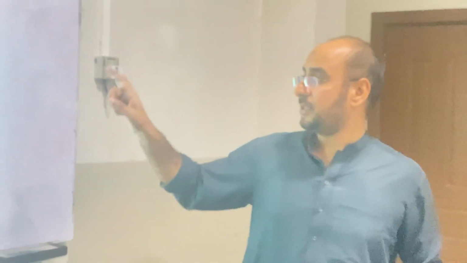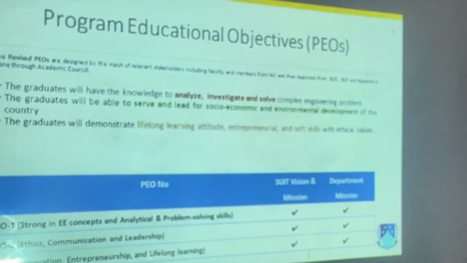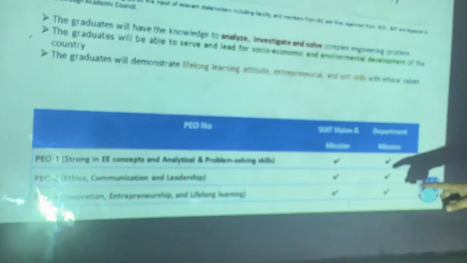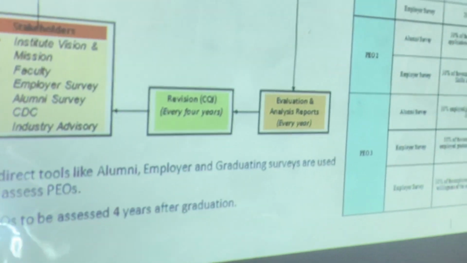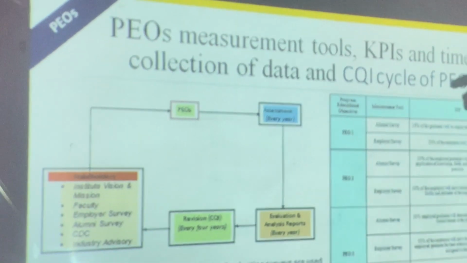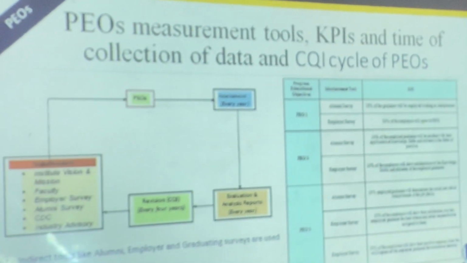And this time, one of our faculty members is teaching that course. So these were the three standard POs, and they hit the vision and mission of the university. That was the loop which I discussed with you in our earlier session.